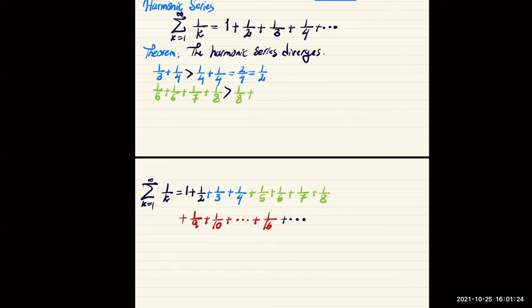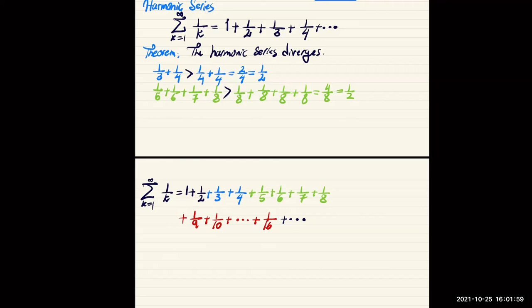Plus, I can say 1/6 also is more than 1/8. Same goes with 1/7. 1/7 is more than 1/8. And just add a 1/8. The inequality still holds true. Okay, you have 4 1/8. When you add them, you get 4/8, which happens to also be 1/2. A green group is also more than 1/2.